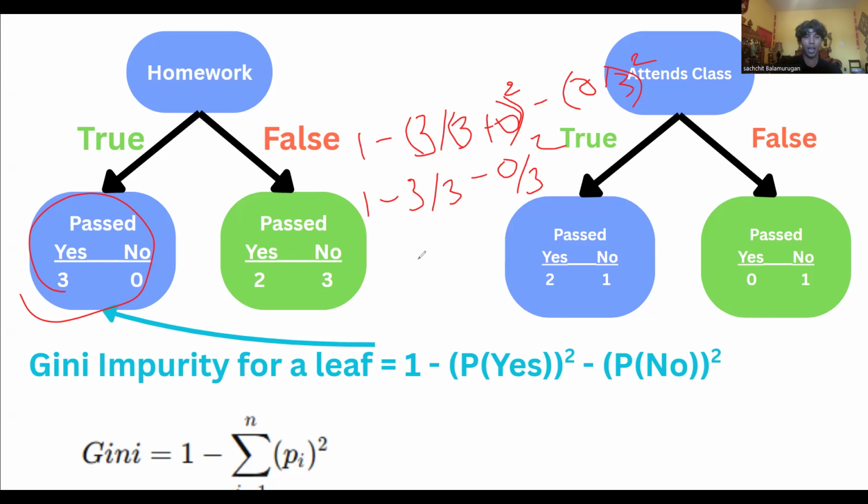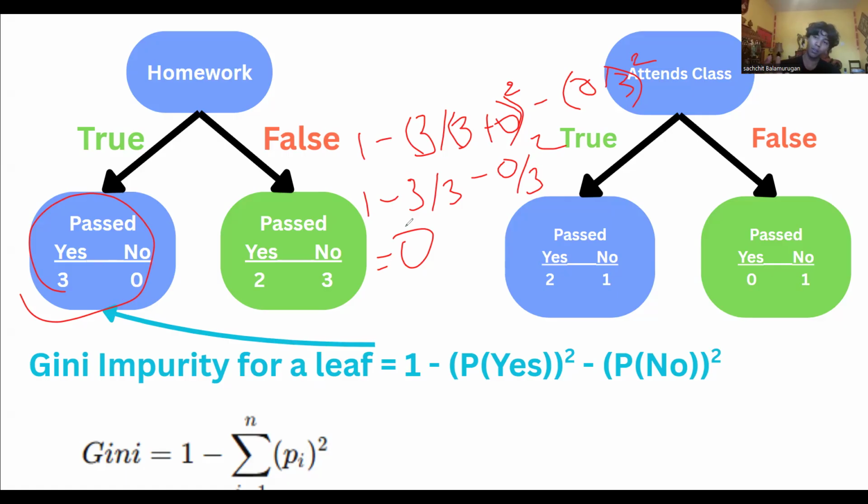And I'll just tell you right now, when you solve this out, it comes to 0. You can easily figure that out because this is a pure leaf, because there's no value for no. It's a pure leaf, so Gini impurity is 0.